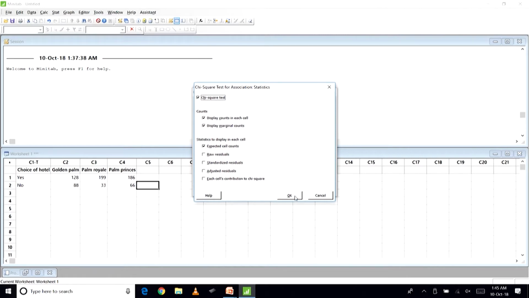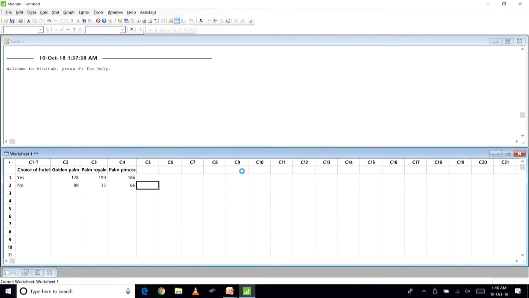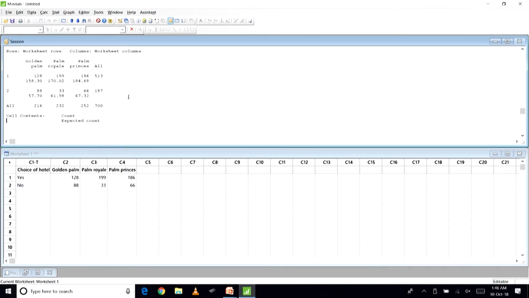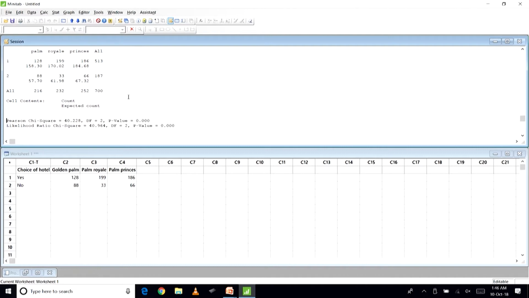We are interested in chi-square statistics, so we click OK and OK, right. Just look at this, these are in fact expected values. And how did we calculate these expected values in our question? It was just row total, it means 513 into 216 divided by 700. It was row total into column total divided by total number of observations, right.